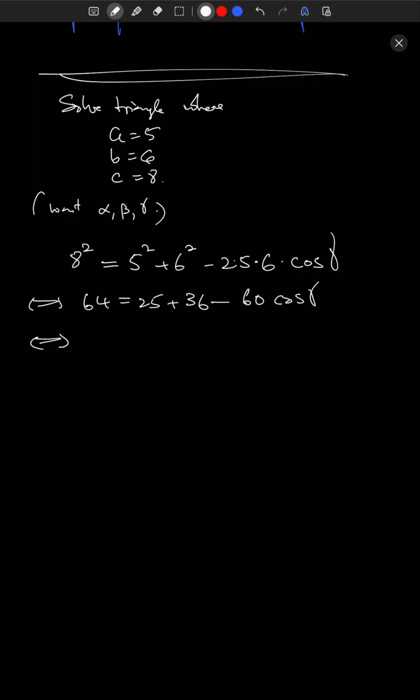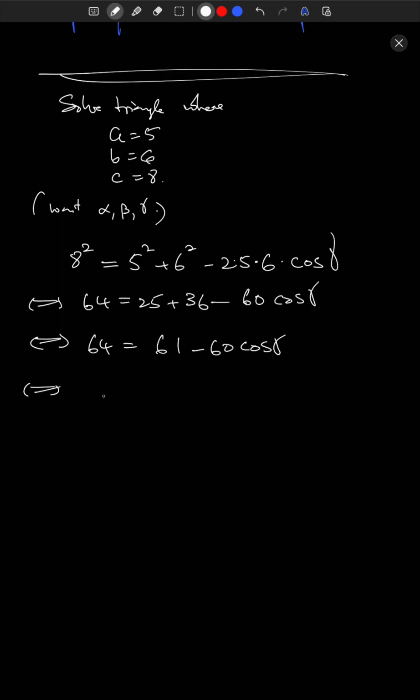And so this tells me if I subtract, let me add these two first. So this is going to be 61, minus 60 cosine gamma.